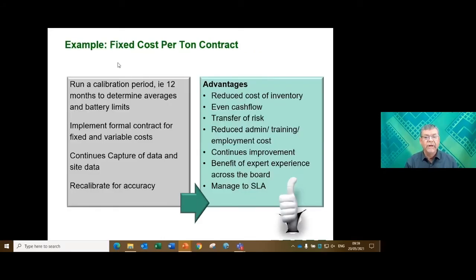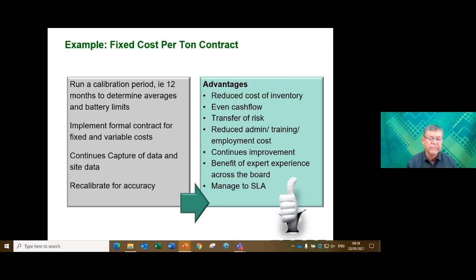An example of how a fixed cost per ton contract will normally take place. Obviously, there's a period of calibration that is required. Let's say a 12-month period to run the plant, take all your measurements, get all the data, and determine the battery limits.